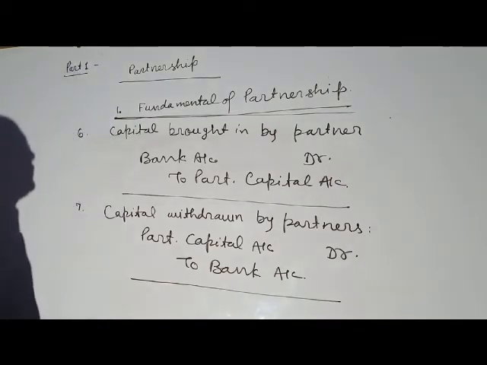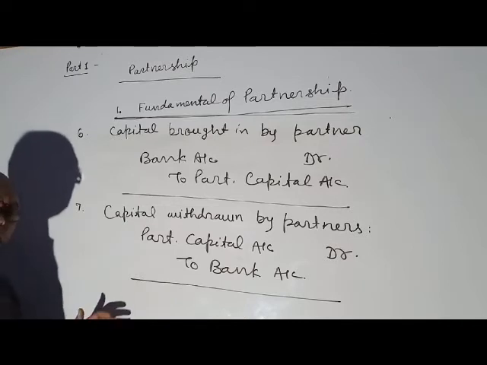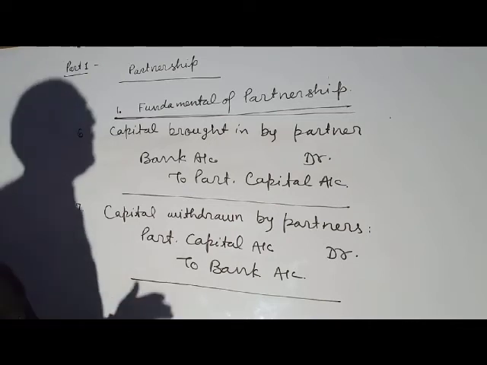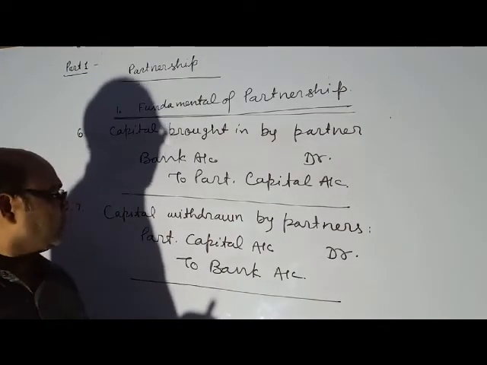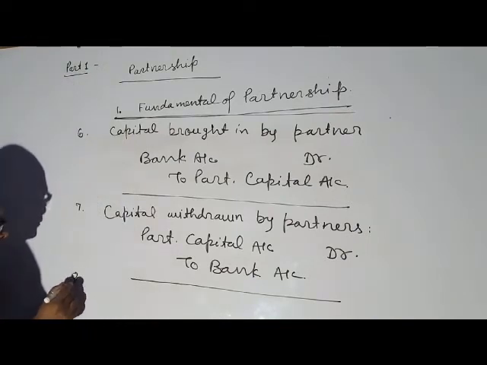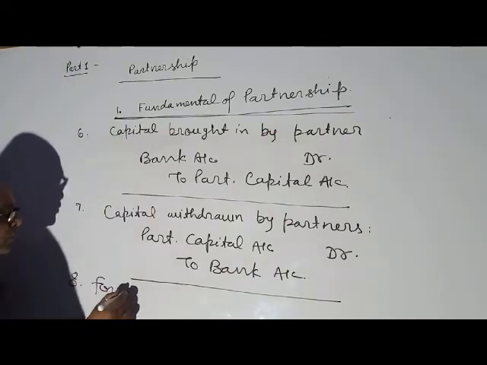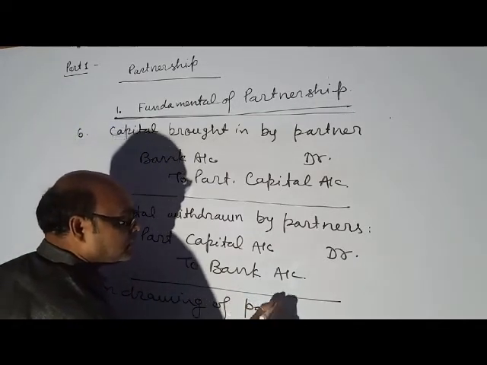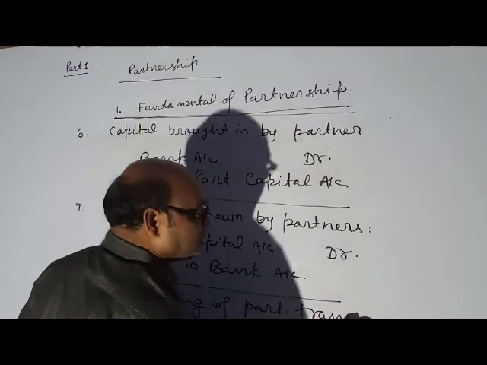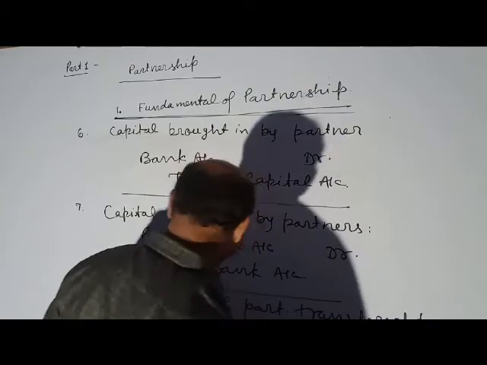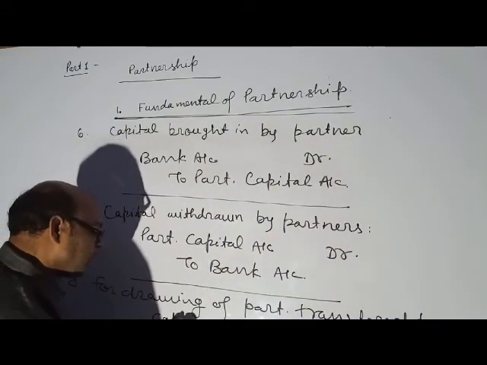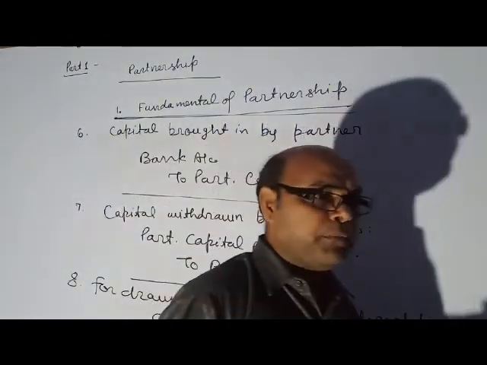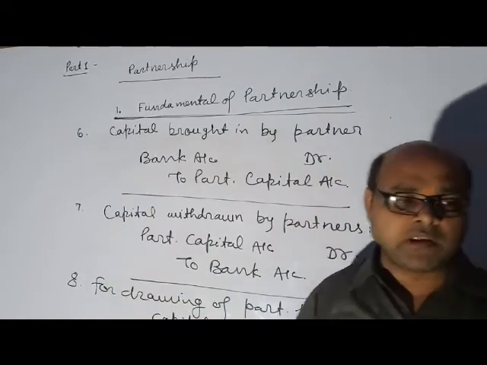So, nearly whatever entry is required for partners capital and PL appropriation, one more entry is for drawing of the partner transferred to the capital account. Generally, when the partners make the drawing, we pass the entry drawing account debit to bank.